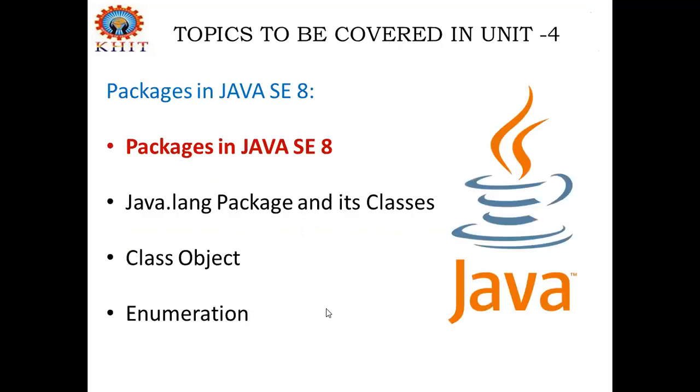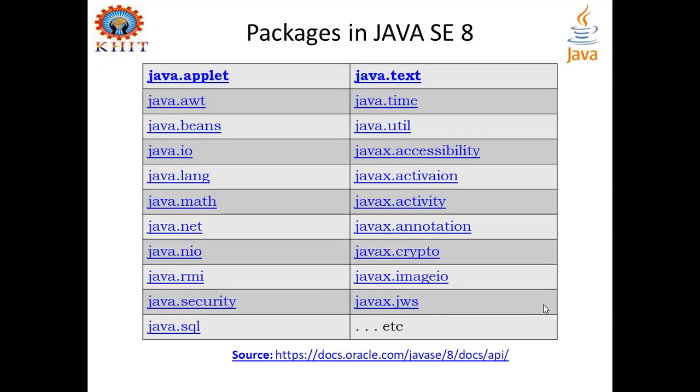The first one is, what types of packages are available in Java? This data is collected from docs.oracle.com, which provides everything about these packages, features and classes.